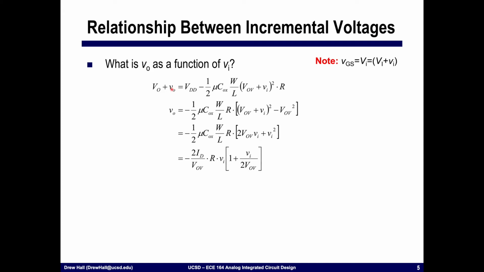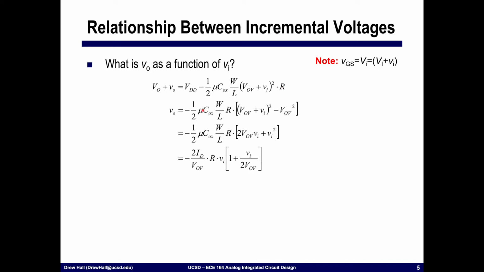And so if I write this expression, I can write that the instantaneous output voltage is equal to VDD minus 1/2 μnCox W over L times (VOV plus vi) squared, times the resistance.